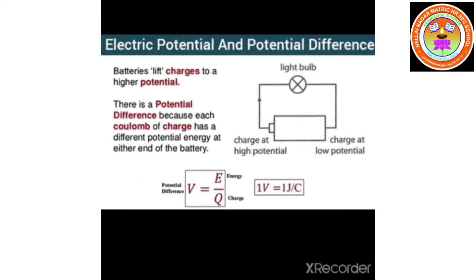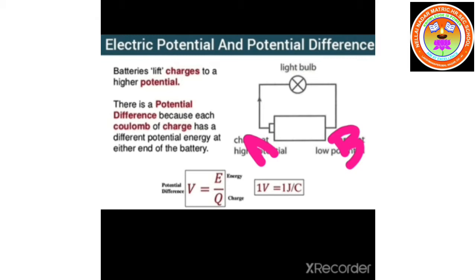We can consider two points. Suppose you have moved a charge Q from a point A to another point B. This end we can consider as A and this end we can consider as B. Listen carefully, students.